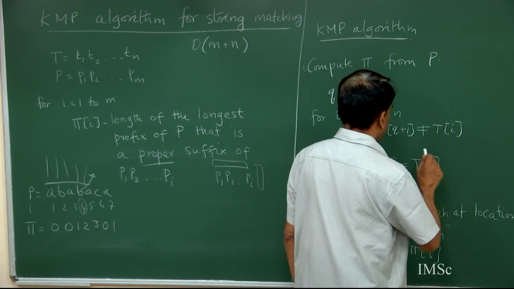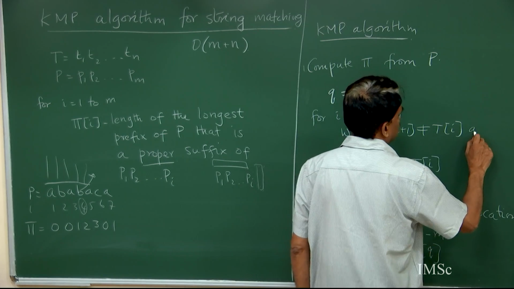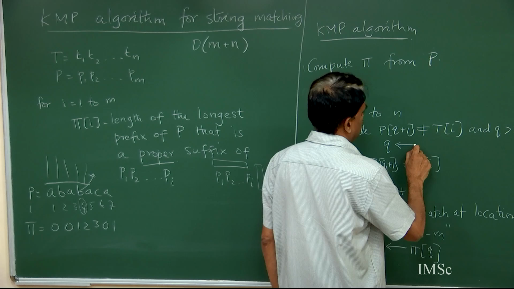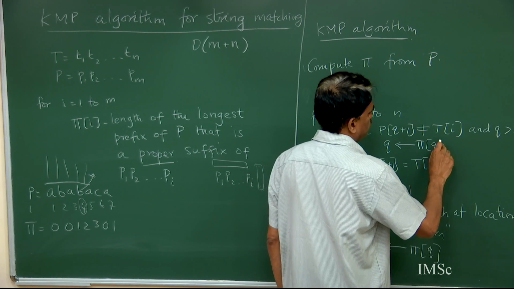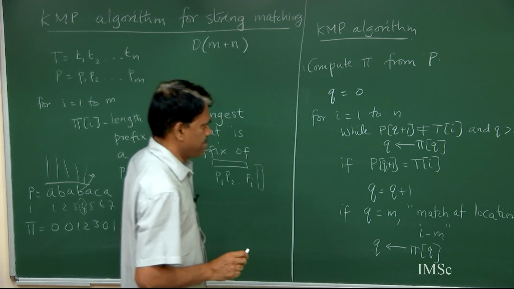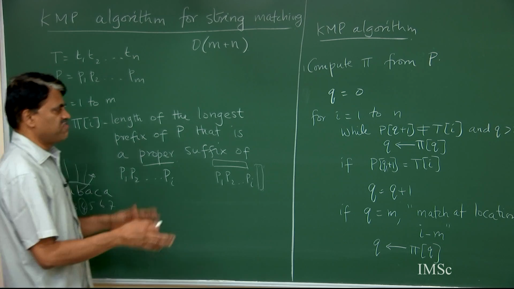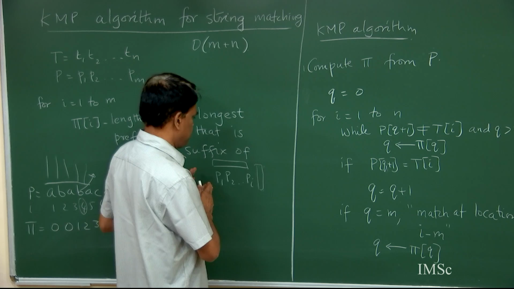So, while Q is greater than 0, Q becomes pi of Q. Pi is defined only for values greater than 0 anyway. So, I keep shifting and eventually I may even get to 0, where nothing matches here.